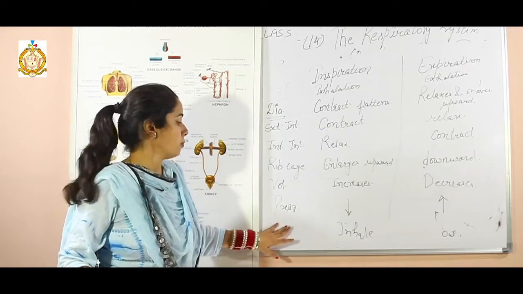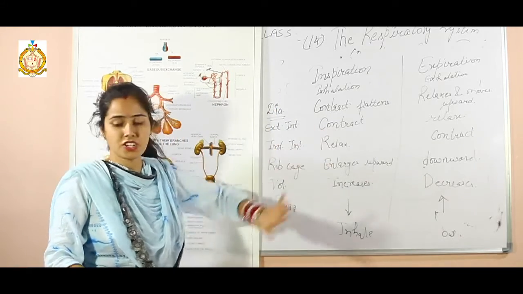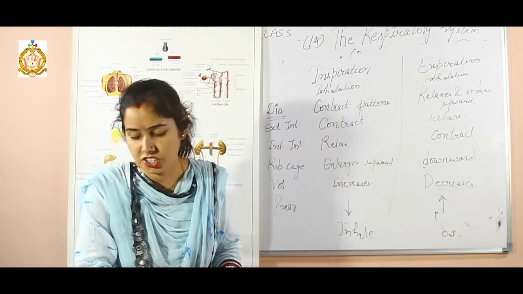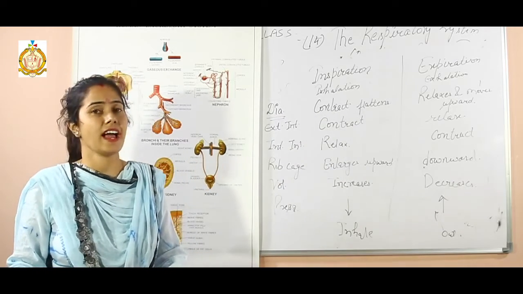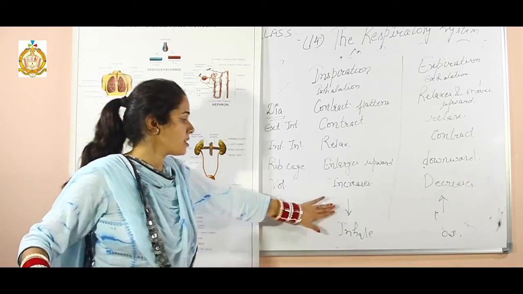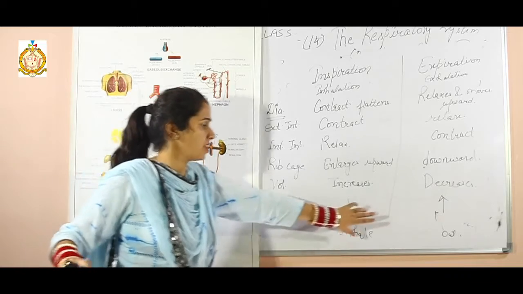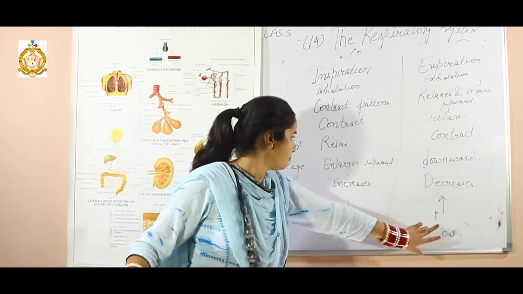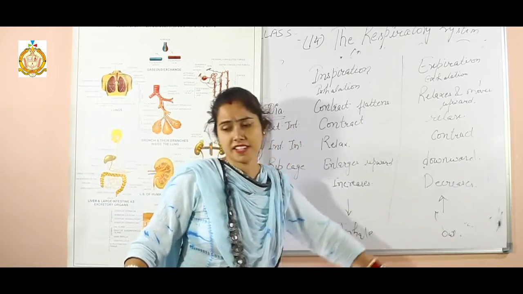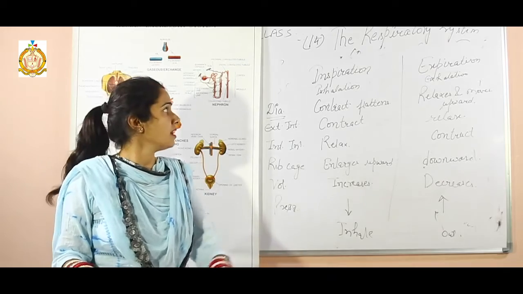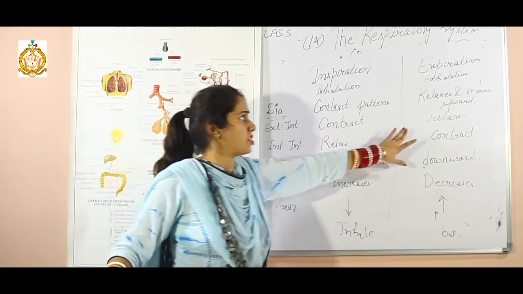So what is the movement of air in inspiration? External air pressure drives air into the lungs at low pressure. When the pressure is low, we inhale, and when the pressure increases, we exhale the air. So this is the difference between inspiration and expiration.